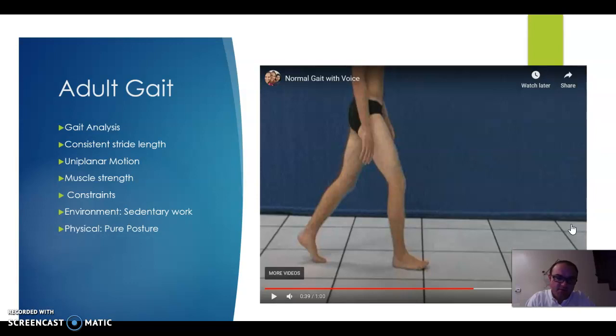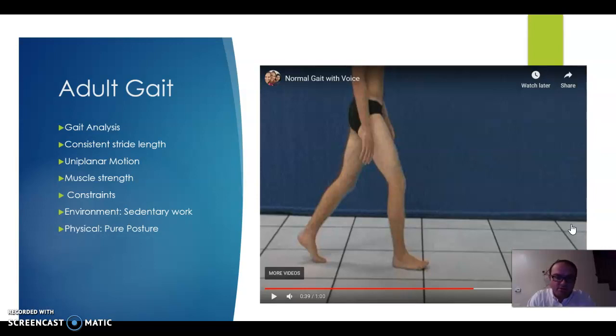And some of the constraints for a person in adulthood are environmental. This is a huge one because of a sedentary work environment for so many people. They can develop shortened muscles in their hip flexors because they're sitting in hip flexion all day, and also back pain because they're compressing things like the piriformis muscle and get piriformis syndrome.